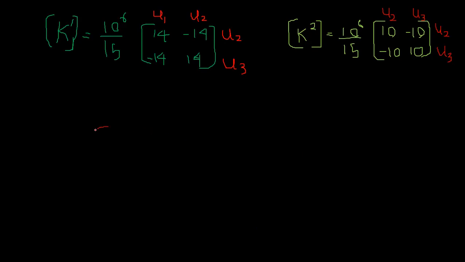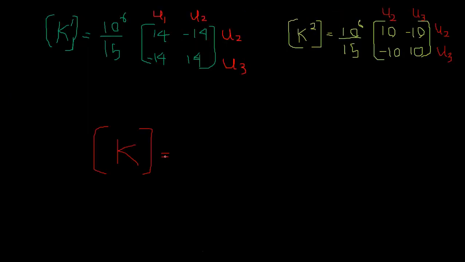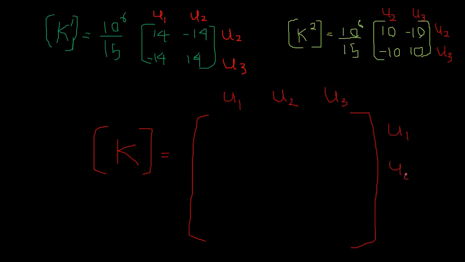So our global K should consist of 3 displacements, 3 nodes, so that means a 3 by 3 matrix. This is U1, U2, and U3 along the columns, and U1, U2, and U3 along the rows, right?